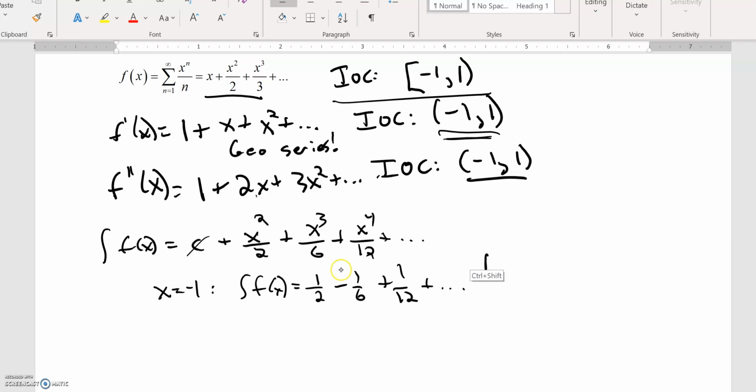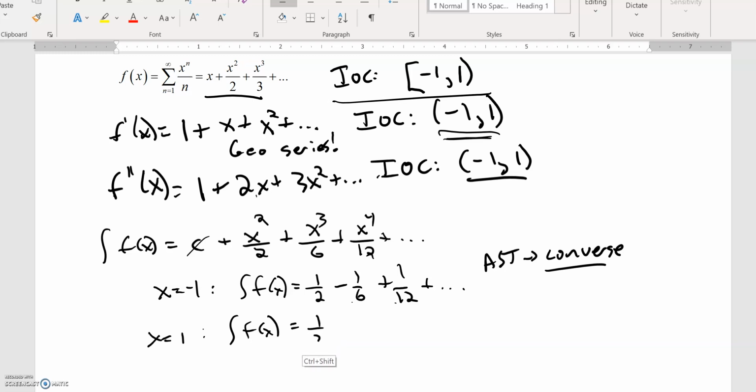And by the alternating series test, it converges. If they say explain why it converges, I'd say because the terms are getting closer and closer to 0, and the absolute value of the terms is always decreasing. So it converges there. But now x equals 1 is kind of trickier. So the integral of f of x is 1/2 plus 1/6 plus 1/12.